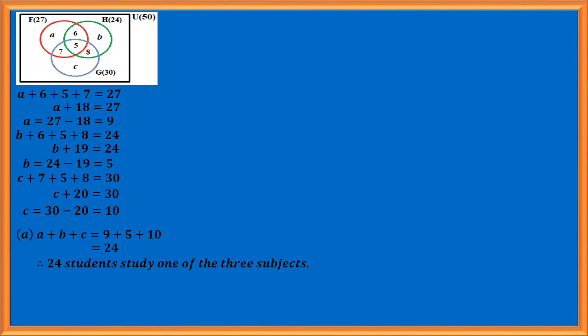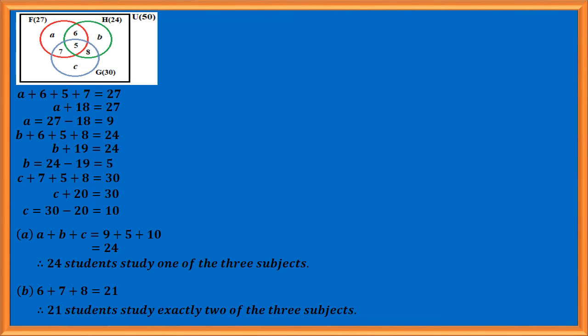Then for those who study exactly two of the three subjects, we are going to add 6, 7, and 8. So 6 plus 7 plus 8 gives us 21. Therefore 21 students study exactly two of the three subjects.